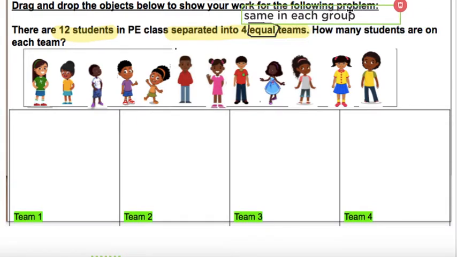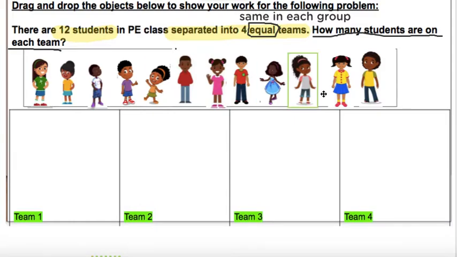I'm going to put that on top of the word equal. And what are we trying to figure out? What's the question asking us? Yes. How many students are on each team?